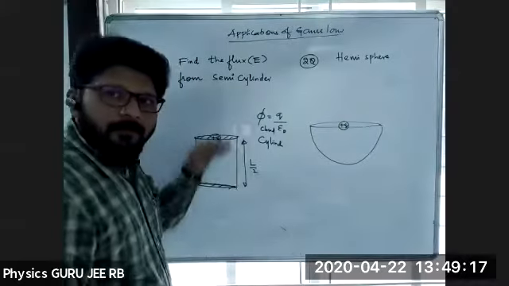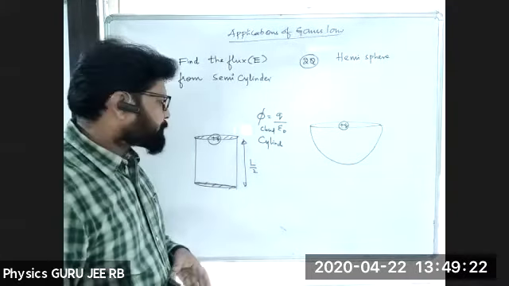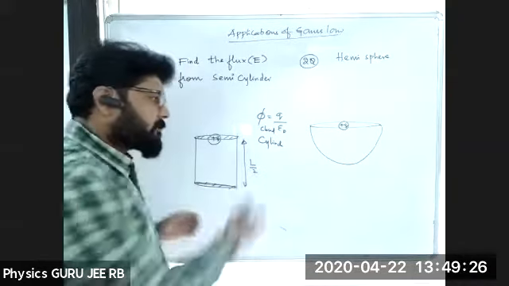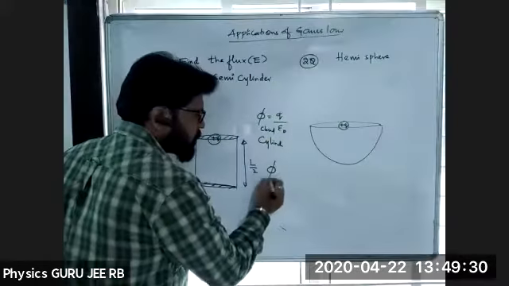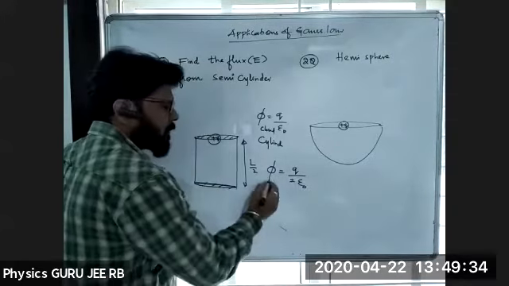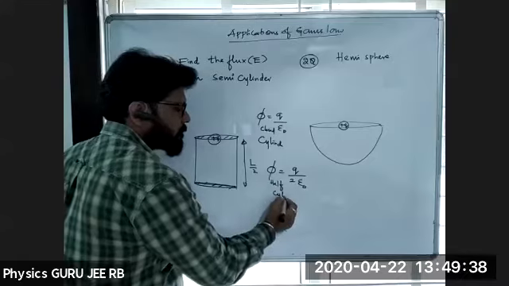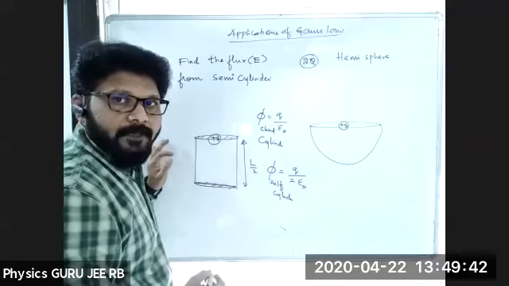This is a half of it, half of the cylinder. When it is half of the cylinder, then we want to convert this into a full cylinder. Directly we can write half of it. That is phi equals Q by 2 epsilon naught. That's all. Half cylinder, exactly half dimension.